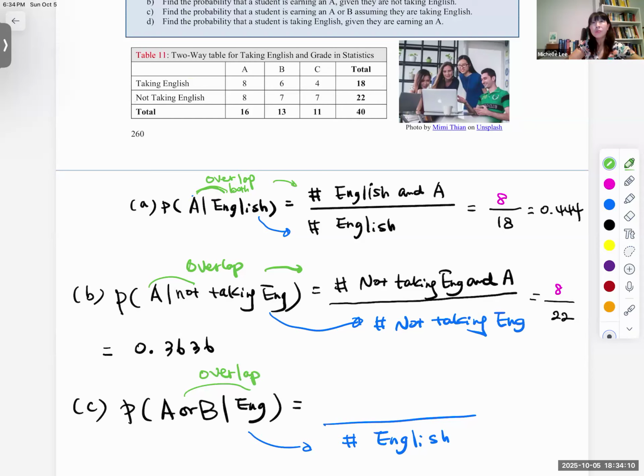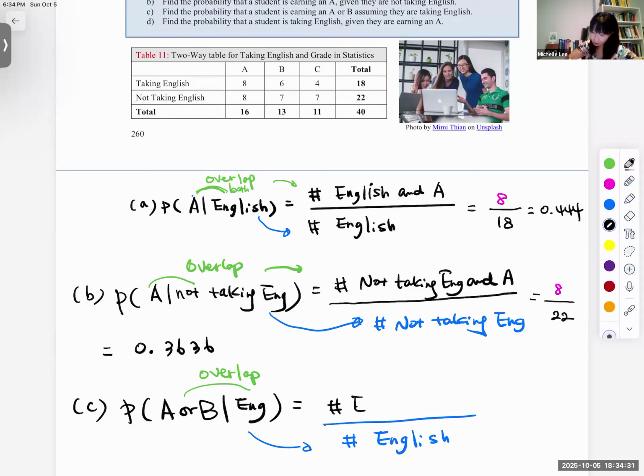So number of A or B. Number of A or, sorry, English, because I want to make it consistent, right?